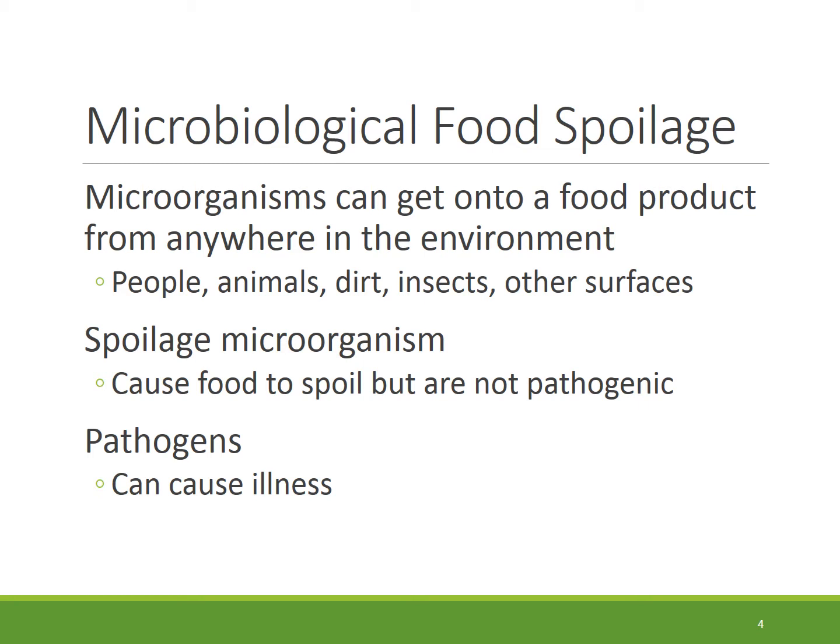Most of the organisms that come into contact with our food are harmless or are spoilage organisms. Spoilage organisms cause the food to spoil but do not make the consumer sick at all. Other organisms, called pathogens, are the ones that can make a person sick, but these do not spoil the food. These are much less prevalent. We will talk a bit more about one specific organism, Clostridium botulinum, in this webinar.